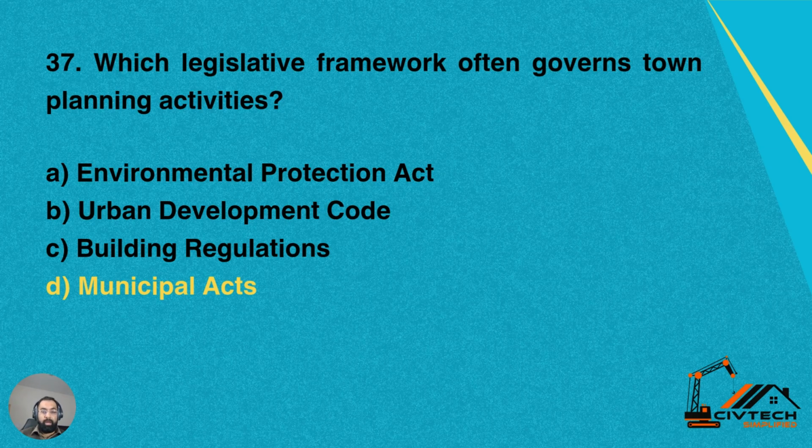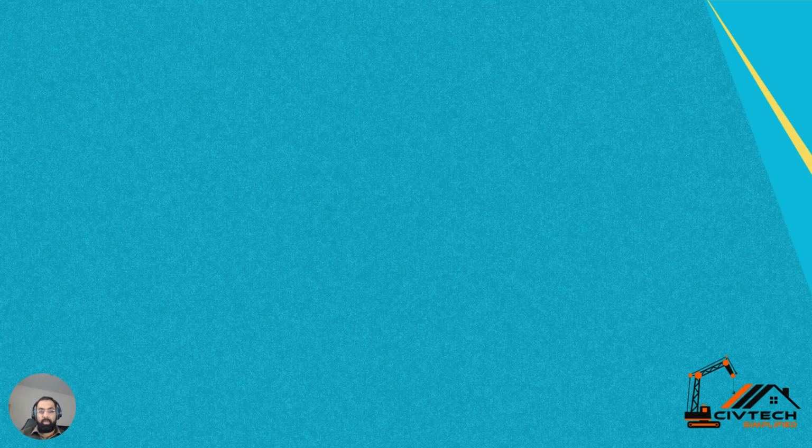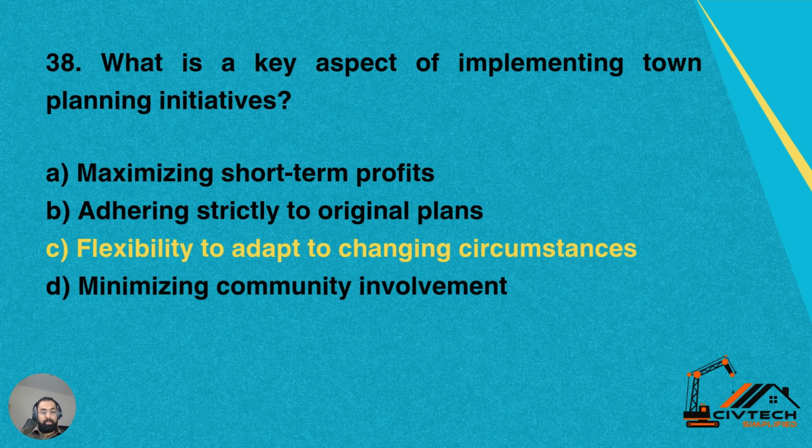Municipal services basically cover town planning; towns normally get NOCs, or no objection certificates, from the municipal committees. Basically, they come under municipal laws. So options A, B, and C are not correct. Municipal Act is correct, which is option D.